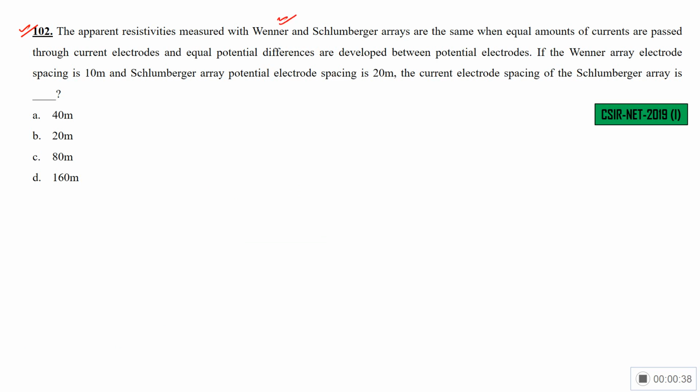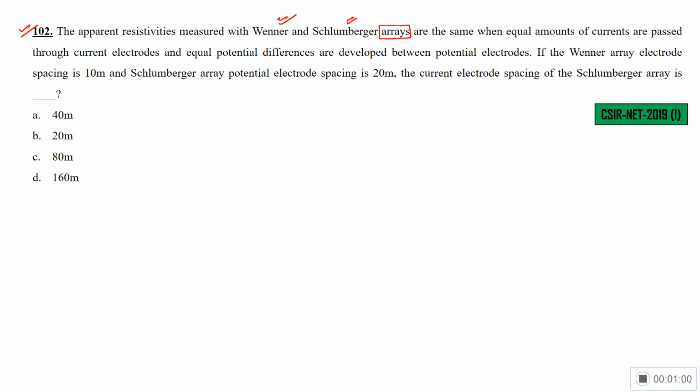We know that for measurement of resistivity there are many electrode arrangements, called arrays. Why arrays? Because many electrodes are used, and an array means a particular arrangement of the current electrodes and potential electrodes.